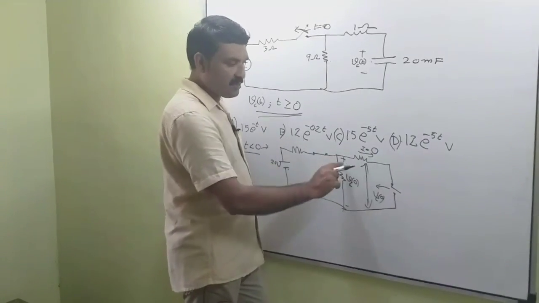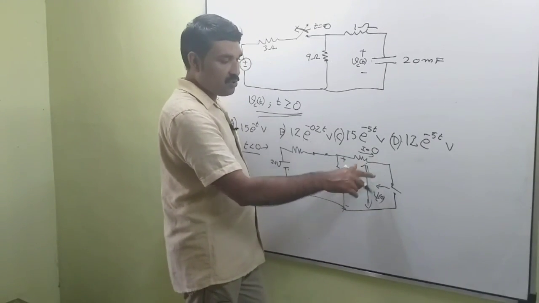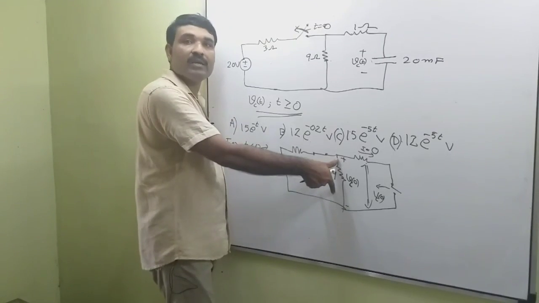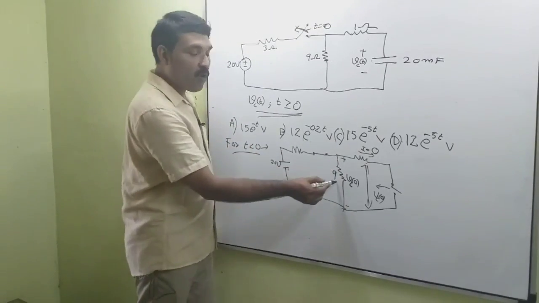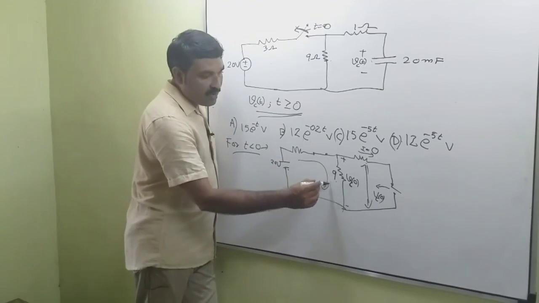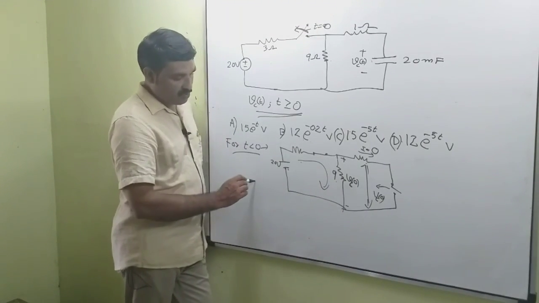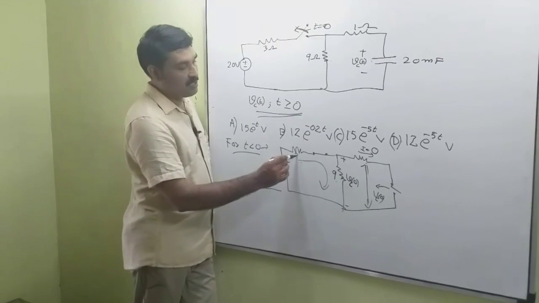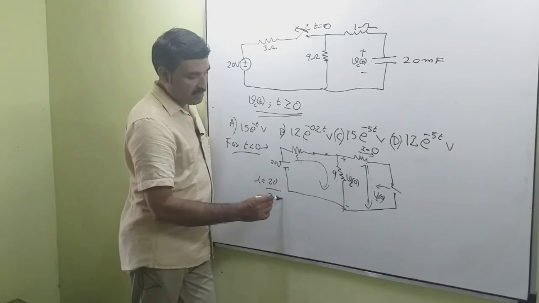Since no current is passing through, the voltage across this open switch is the same as the voltage across this 9 ohm. Now what is the voltage across 9 ohm resistance? We can find this voltage. This current I is equal to 20 divided by 3 plus 9.